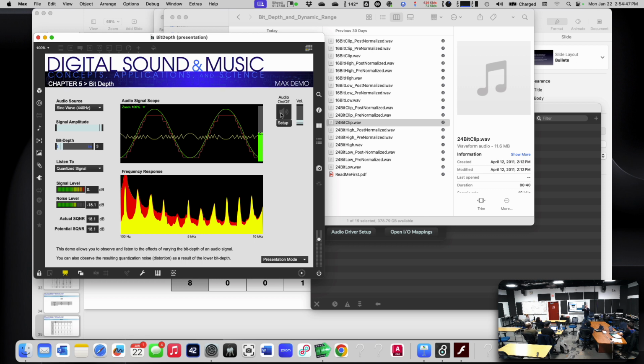What the dither noise does is force it to alternate between 0 and 1, 0 and 1, 0 and 1. And then when you feed that through your digital to analog converter, it creates an average, and you don't hear what's happening.